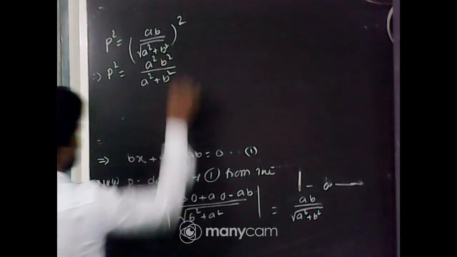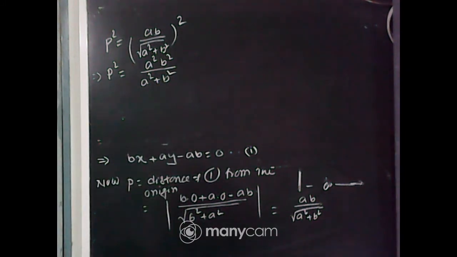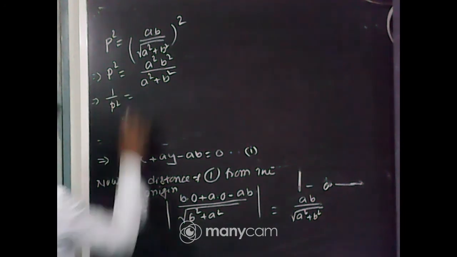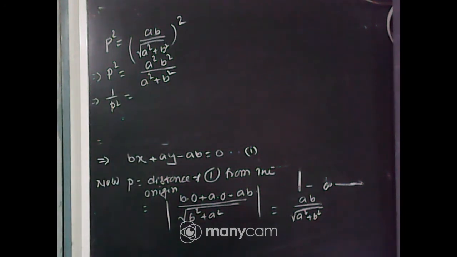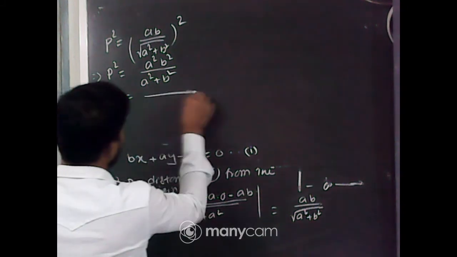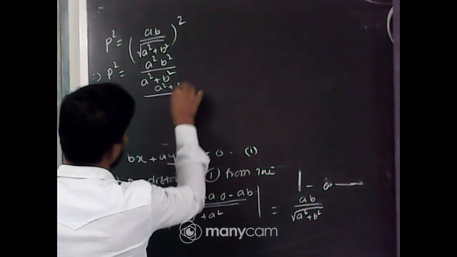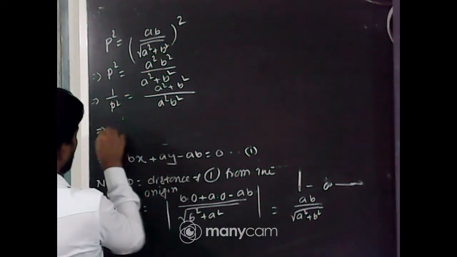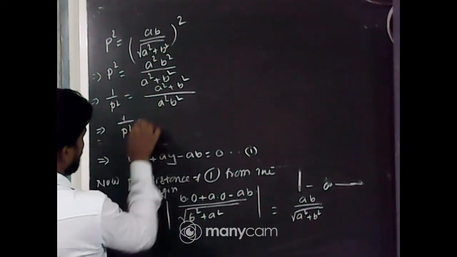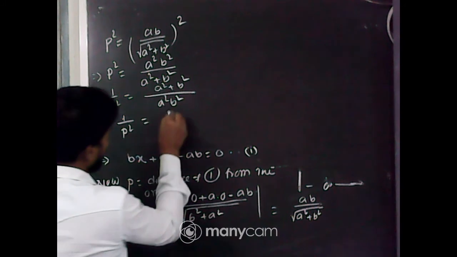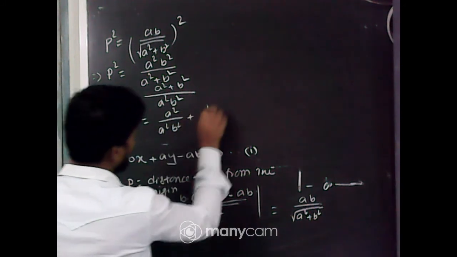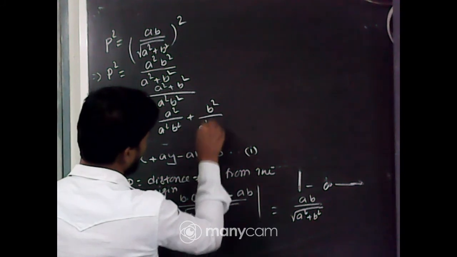Okay. Now find 1 by p square. If I take the reciprocal of the left hand side, it will be the reciprocal in the right hand side. So it will be a square plus b square by a square b square, which implies 1 by p square. Now the right hand side can be written as a square by a square b square plus b square by a square b square.